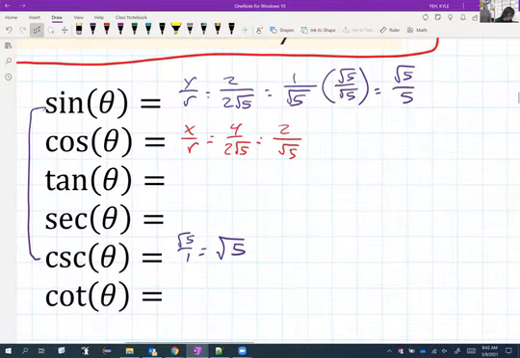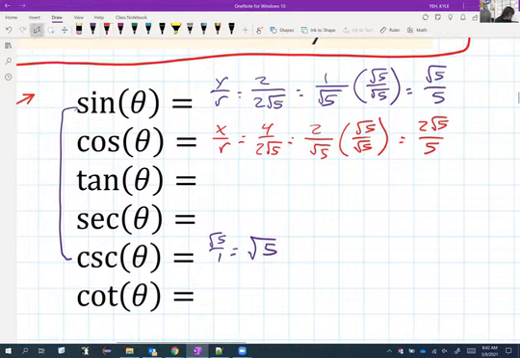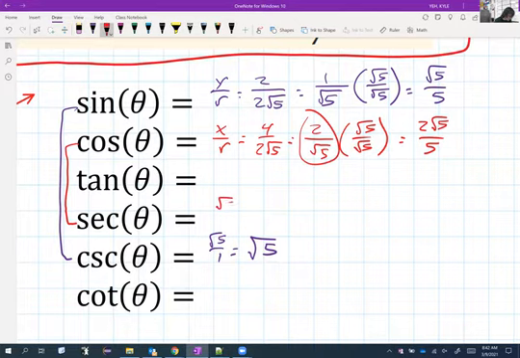I'm dividing both top and bottom by 2, multiplying by root 5 over root 5. And we get 2 root 5 over 5. Cosine theta, 2 root 5 over 5. Now, cosine and secant are linked. I think I probably want to just flip this one because then the radical ends up on top. So I'm going to say secant is root 5 over 2. Done and dusted.